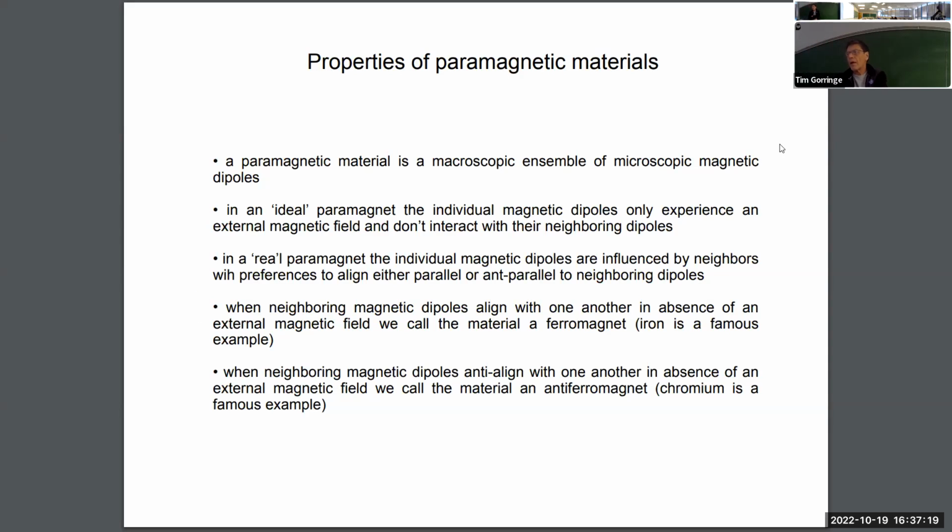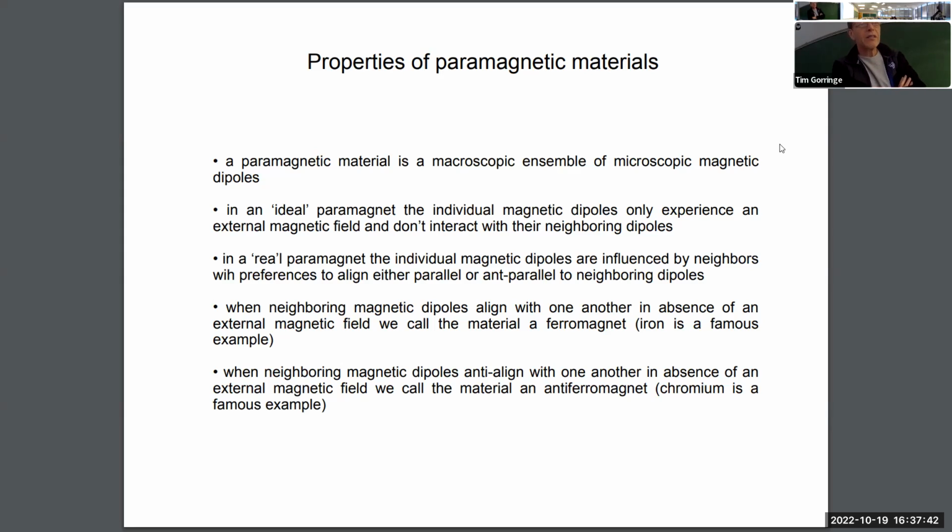For a paramagnetic material, we think of that material as being, magnetically at least, a macroscopic ensemble of many microscopic magnetic dipoles, so many atomic magnetic dipoles.